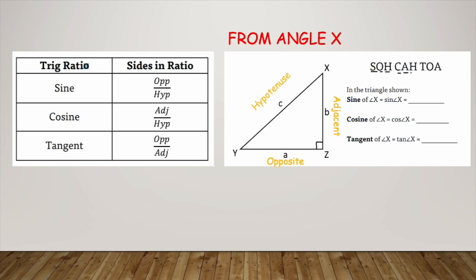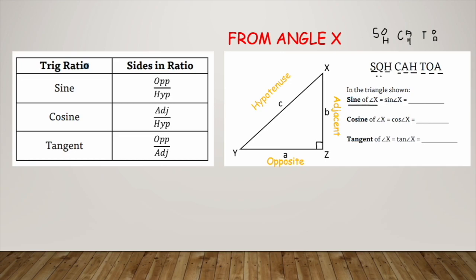Cosine is the adjacent over the hypotenuse. Tangent is the opposite over the adjacent. Sometimes I see people write it like this, where it's S-O-H, and you put the O and the H on top of each other. And then CAH TOA, C-A-H, you just put the A and the H on top of each other.